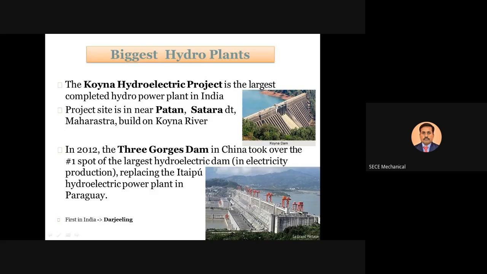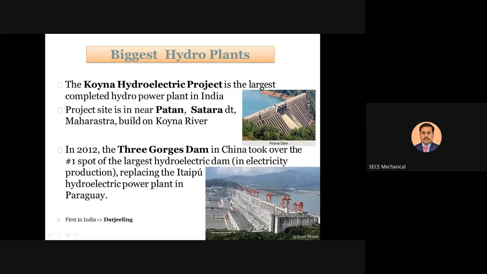In 2012, China completed the Three Gorges Dam project, the largest hydroelectric power plant at world level, and it replaced Itaipu, the dam of the hydroelectric power plant in Paraguay.